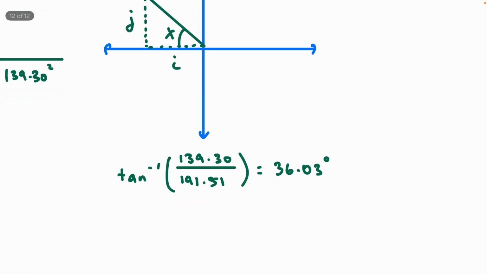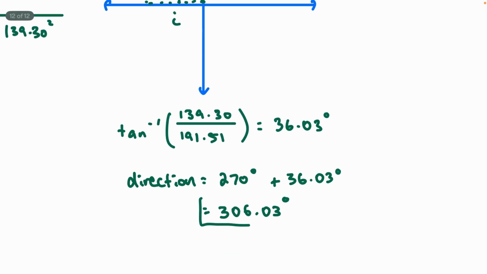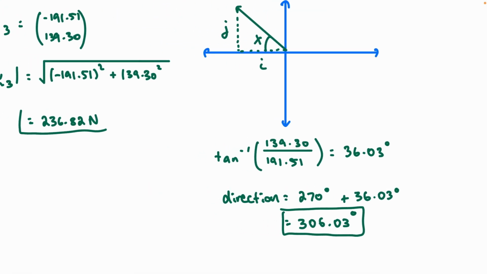So the direction is simply 270 degrees plus 36.03 degrees, which gives us 306.03 degrees.